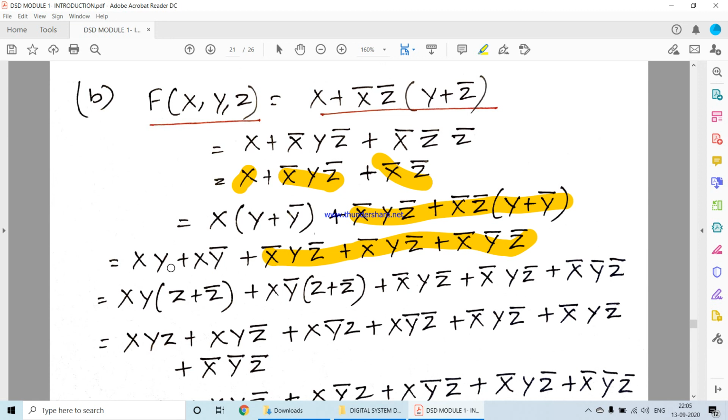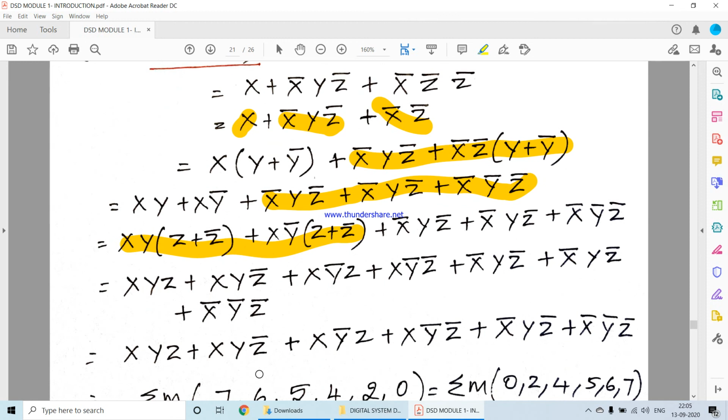Therefore I will multiply xy with z plus z bar, and this xy bar also I will multiply with z plus z bar. Now you expand this term and you will get the entire expression in this form. This is in the standard canonical min term form. Now xyz plus xyz bar plus xy bar z and xy bar z bar and so on.